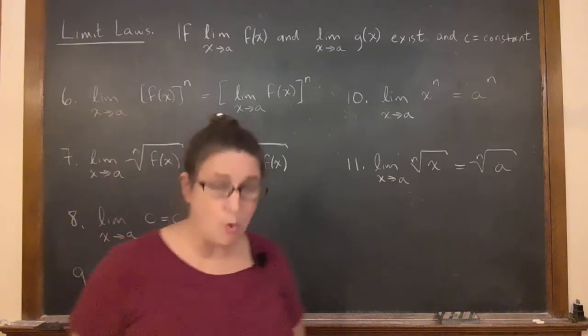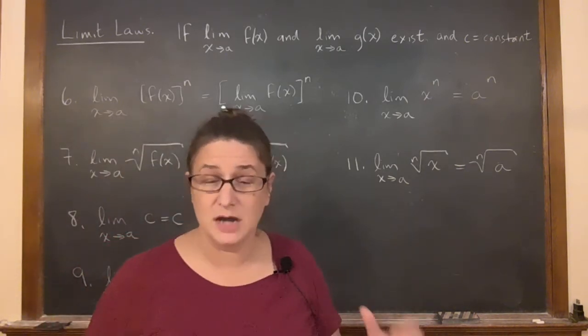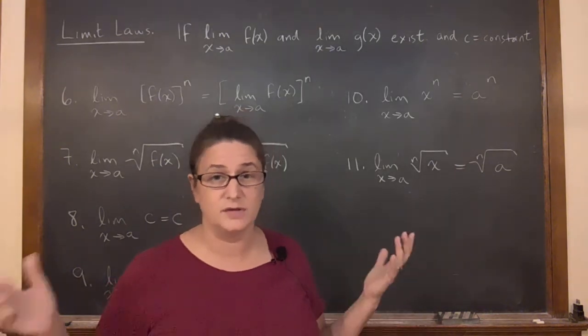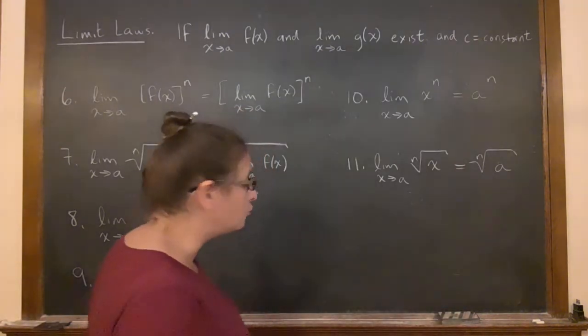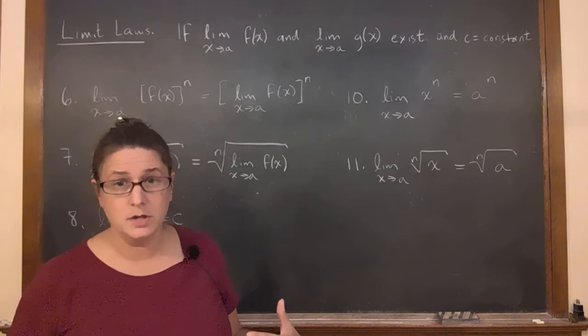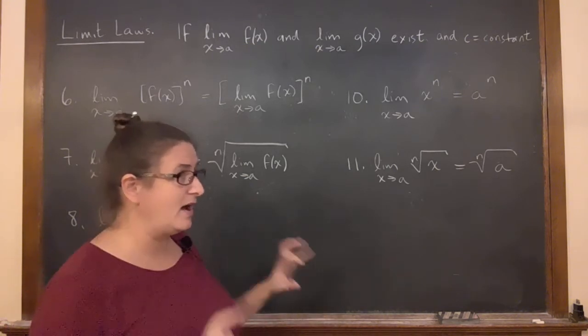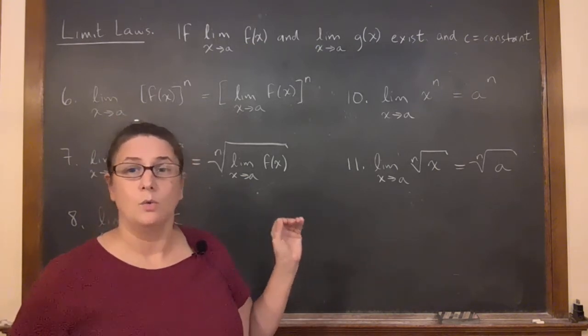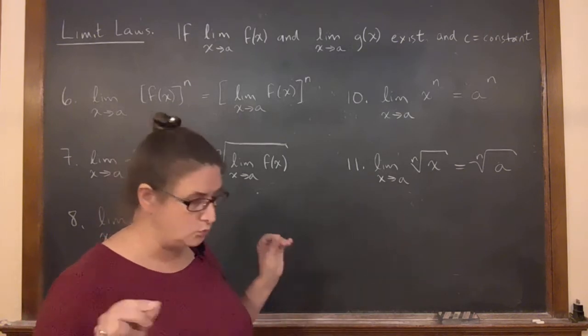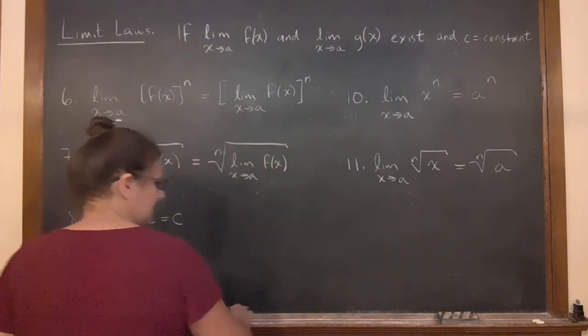Now, I will one time, and only one time, because I hate to spend a lot of time writing things, go through an example where we very explicitly write which limit law we're using and everything, okay?